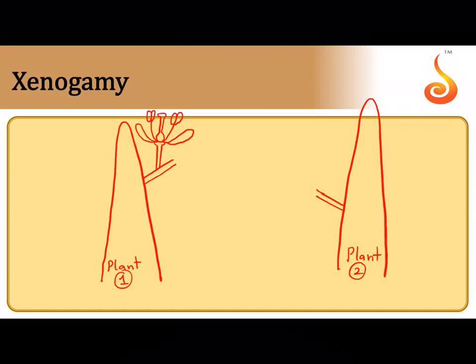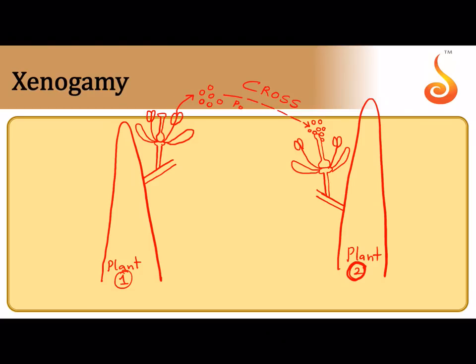I'm showing the same kind of flower here also, with both pistil and anther. See how the anther and stigma are exposed. Okay, so this is a plant 1, a different plant. This is a plant 2, a different plant. So pollen grain from the anther of plant 1 get deposited onto the stigma of not the same plant but plant 2. Isn't it? So this is called cross pollination.